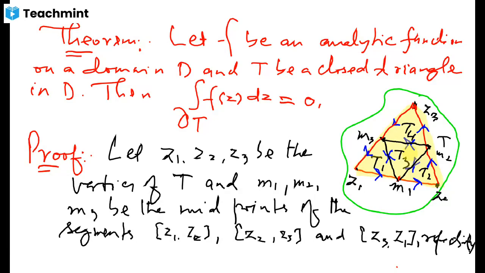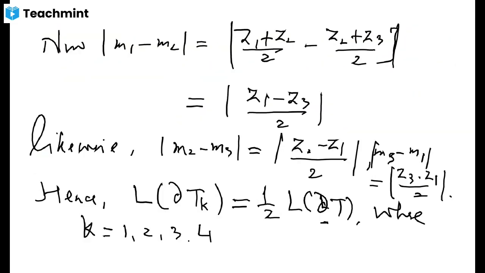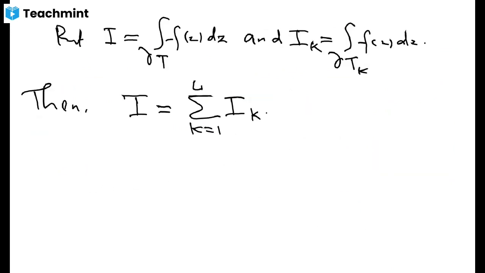That means the contribution of the integral over the sides of the interior triangle will cancel out, and so we will be left only with the contribution of the integral on the sides of this bigger triangle. That's why we can write this integral as a sum of the integrals over these four triangles. You got it, or you need some more explanation? Julian? Got it, sir.